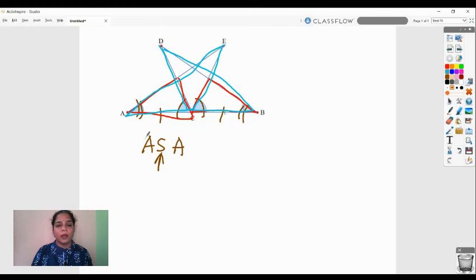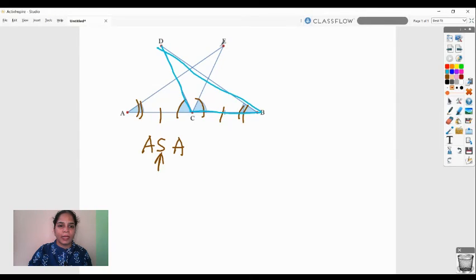If you see here, these two angles and this one side are part of both these triangle figures. So you could be asked about the DCB triangle and AEC.